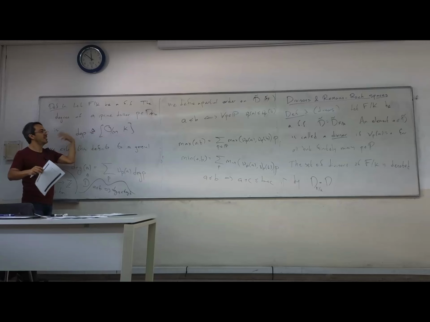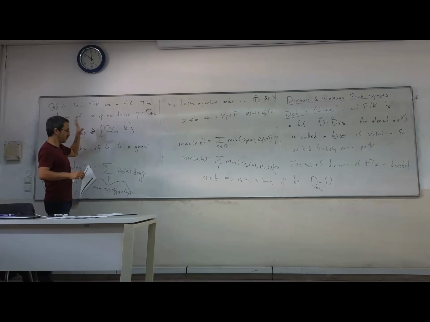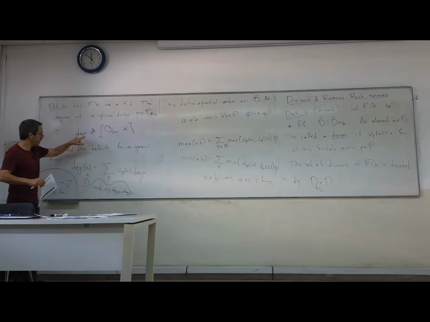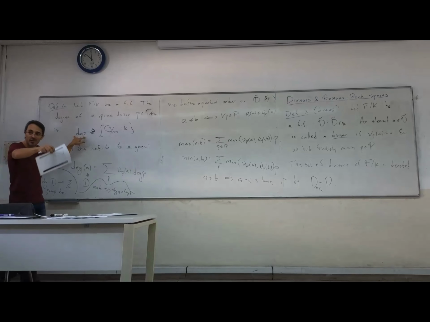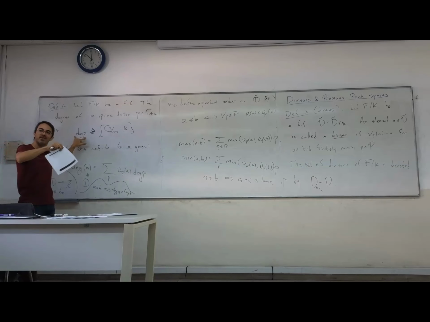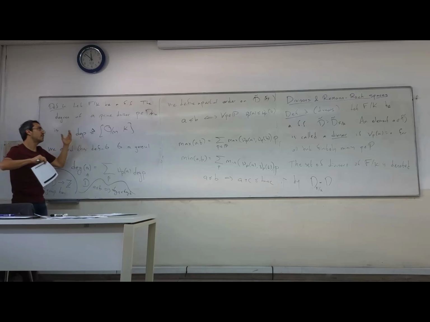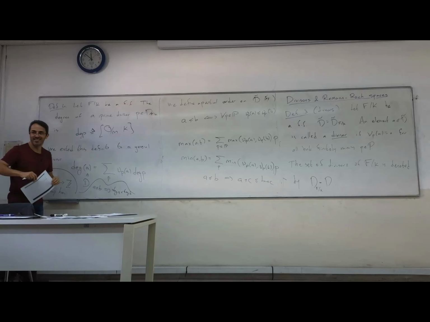In the rational function field, the places are coming from irreducible polynomials, and the degree of the place corresponds to the degree of the irreducible polynomial. It's the same thing. If it's x squared plus x plus 1, it's 2. And generally, okay.